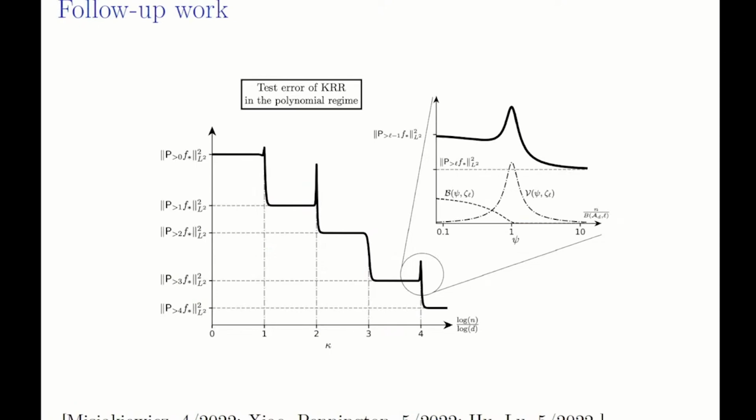Since we proved this theorem, Theodor and then, more or less at the same time independently, Misiakiewicz, Pennington, and Hu improved this result for the case of the sphere. And this is the picture that they get. This is the staircase, and they derived precisely what happens at the drops.